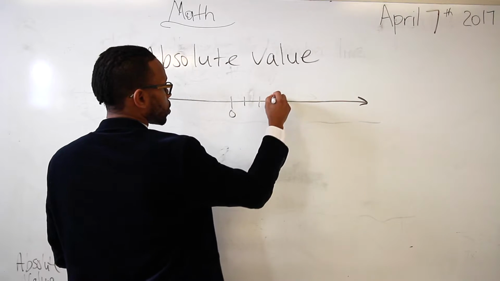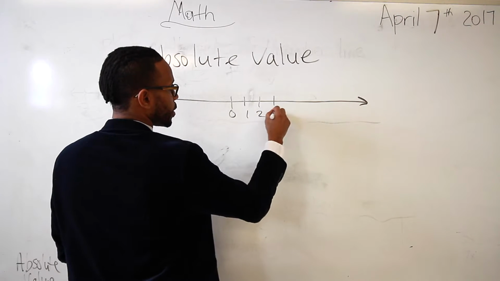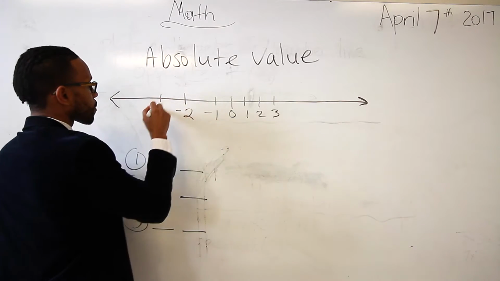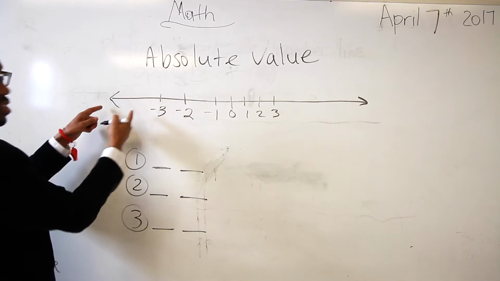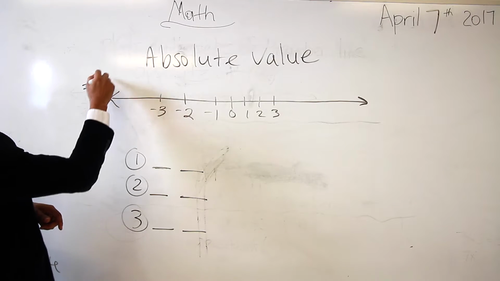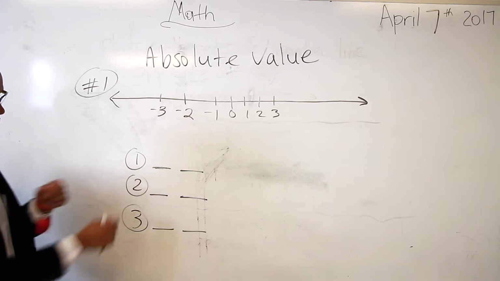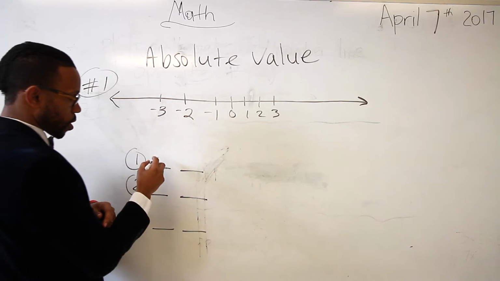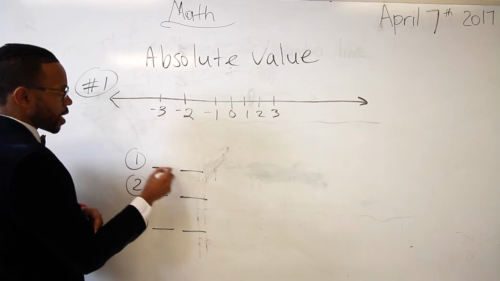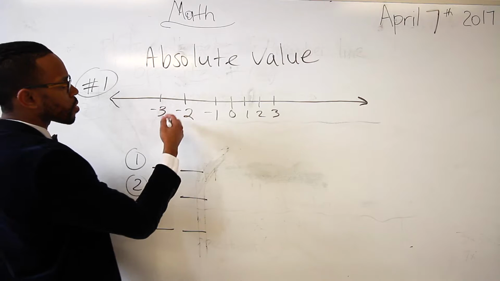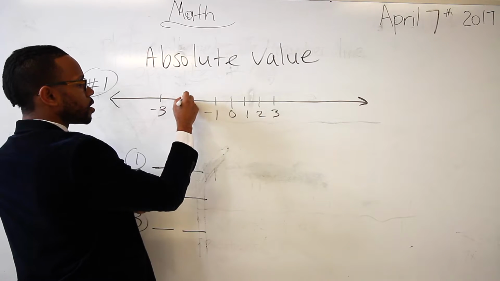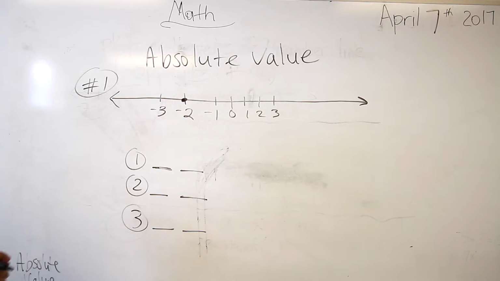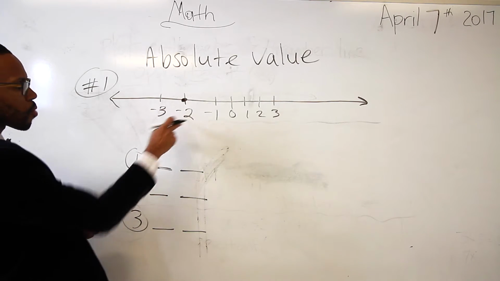Okay, so I'm just going to do 3 here really quickly. All right, so let's say this is the number line you had for problem number 1. Here's problem number 1, where you would write the answer in these 2 spaces. And on the number line for problem number 1, you see a dot plotted here at the -2 point.